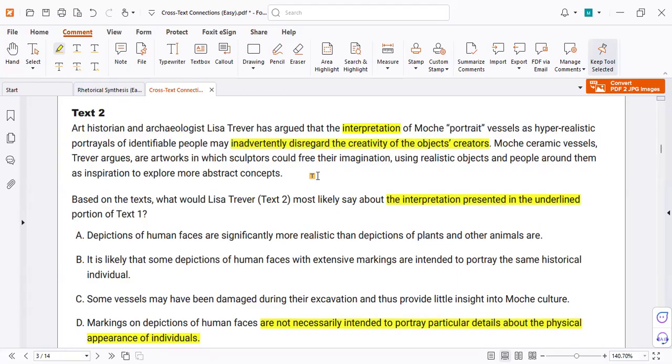This means they can mistake the creativity of the objects' creators. So this means they are not necessarily intended. This part has the same meaning as this part. So text 2 responds to this point. So letter B. That's why. Come on, okay, next.